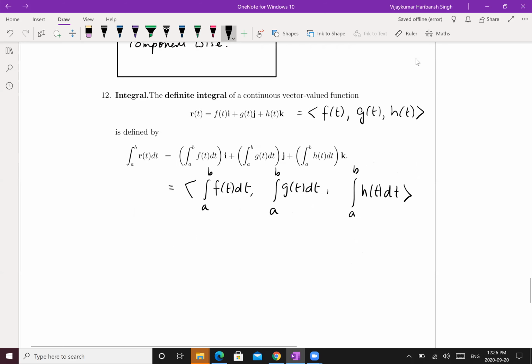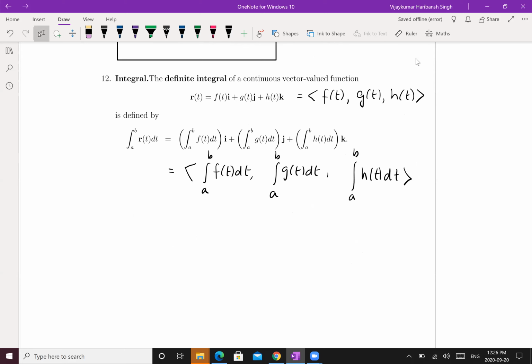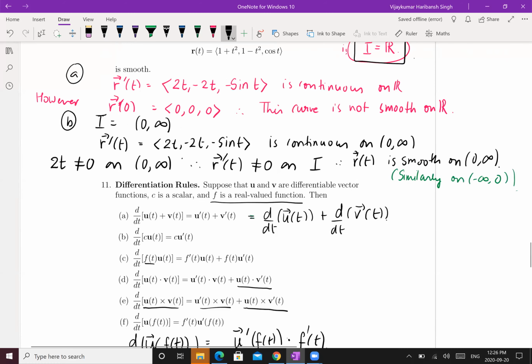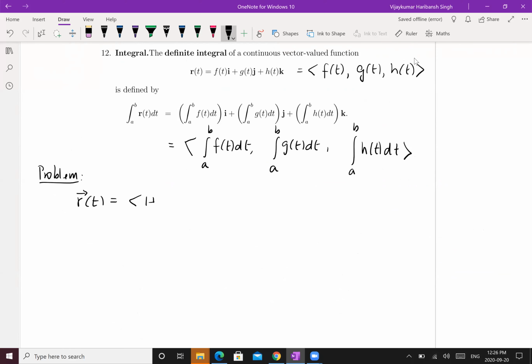Yet again, okay, so let's look at the following problem. Suppose you have r of t, problem 1. Let's take what we had here: r of t equals 1 plus t square, 1 minus t square, and cos t.